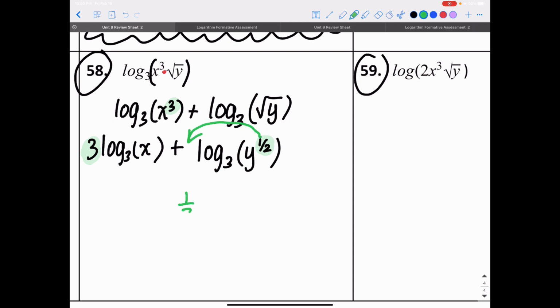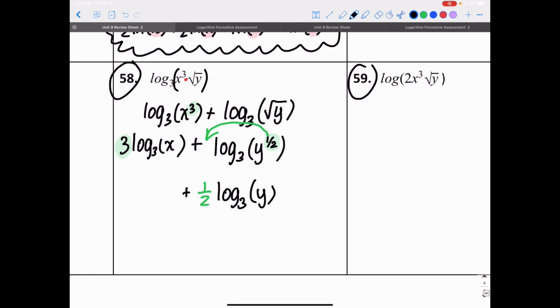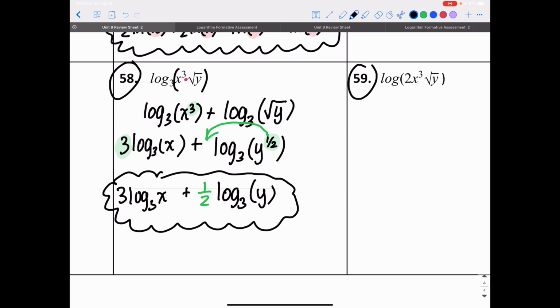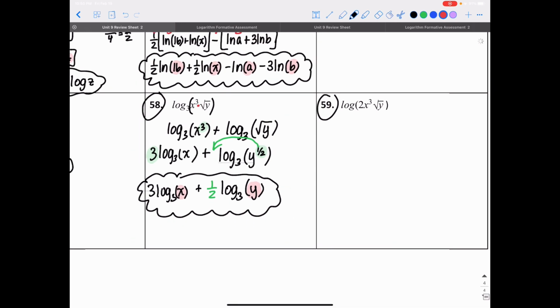I'm going to have 1/2 log base 3 of y that I'm adding to 3 log base 3 of x. And this is my final answer. Inside of my logarithms, I have a single factor by itself, and I don't have any exponents, so it's good expanded form. It's as separated as it can be.